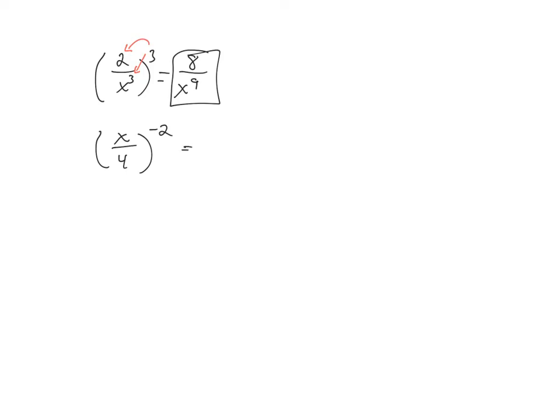So what I think is the easiest thing to do is just flip the whole thing like that and make the exponent positive, and then do the problem like the first one. So 4 to the second power is 16, and x, remember that's like a 1, so 2 times 1 is 2. And that would be the answer.